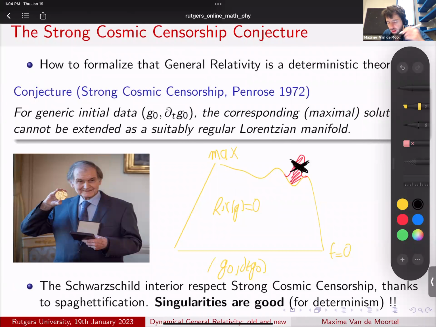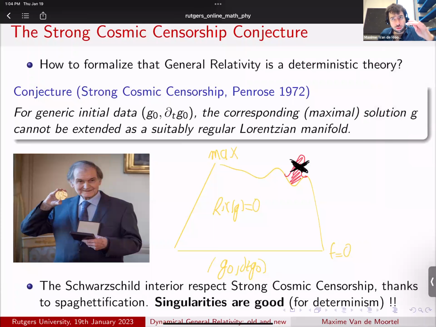Why does this make sense? You can propose other alternatives if you want, but I can tell you at least why this one makes sense. Because the solution is already the maximal solution you can get from your initial data, the stuff in yellow, if you were to extend that, it would not be determined by the data, and in particular not determined by the Einstein equations. You would need another theory to supplement the Einstein equations, another unknown speculative theory.